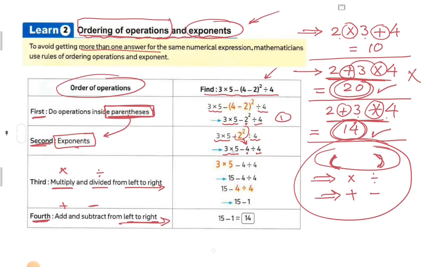Third, multiply and divide. We have here multiply, subtract, divide. Start with multiply and divide from left to right. So first multiply, then divide.